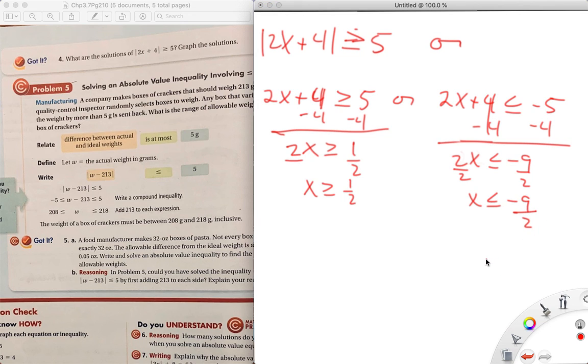So when I graph this, this graph is going to be a little bit funkier since we're dealing with fractions.